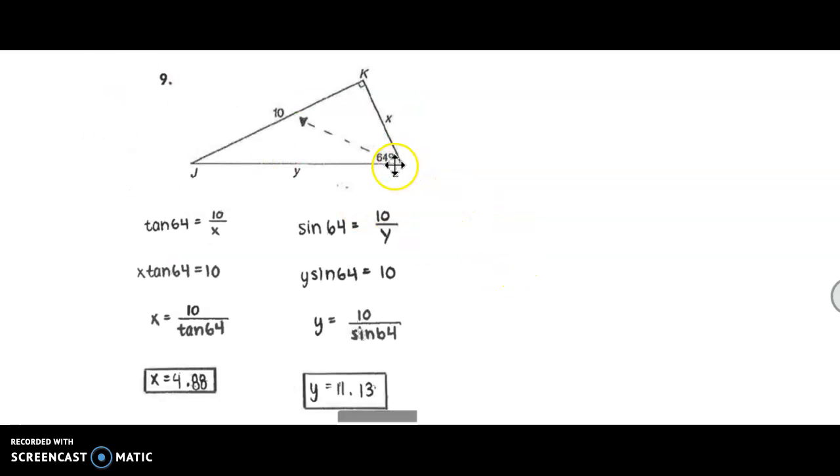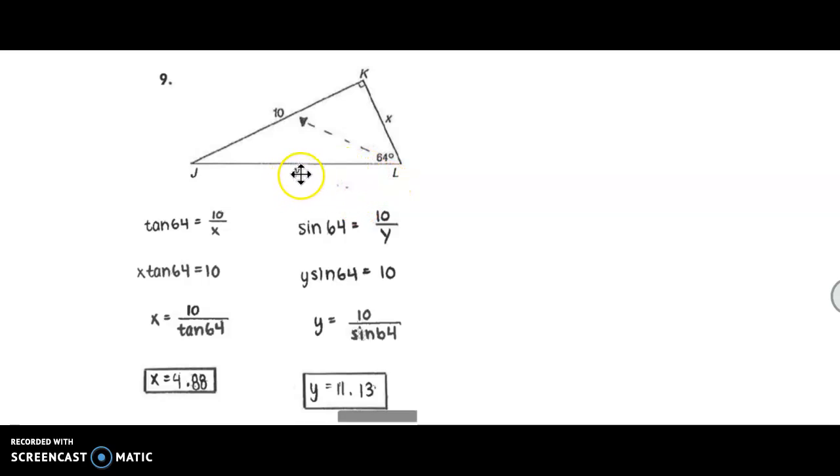Okay. And so in this example, okay, you are given the 64, and again, where is 10? And it looks like we solved for x first, right? Doesn't really matter, okay? Opposite and adjacent, so that's why we use tangent.